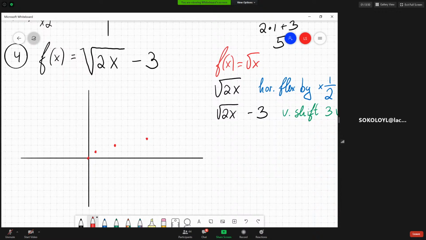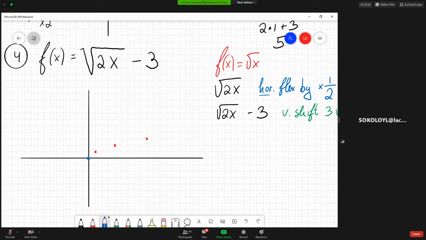First I would apply the horizontal flex by a factor of 1/2. That means my x coordinates, because it's horizontal, are getting multiplied by 1 over 2. The x coordinate for my first point is 0. 0 times 1 over 2 is still going to be 0.